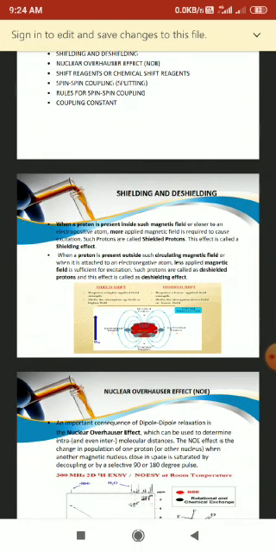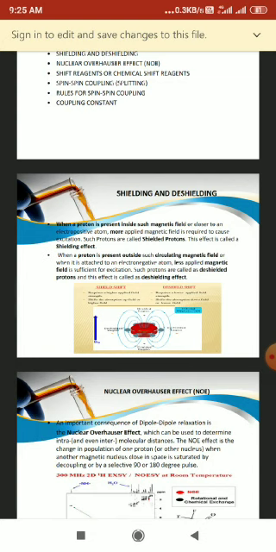Firstly, the first content in this PowerPoint slide is shielding and deshielding. All the phenomena mentioned earlier in this chapter were with respect to the nucleus considered to be stripped off from electrons, but the nucleus is surrounded by electrons, and hence protons can be present within or outside the circulating magnetic field caused by circulation of electrons in double bonds, triple bonds, aromatic or other ring systems.